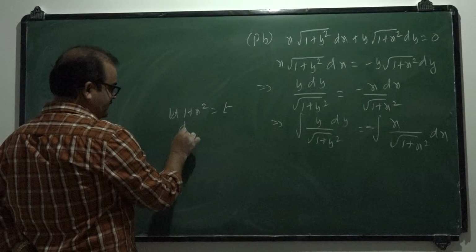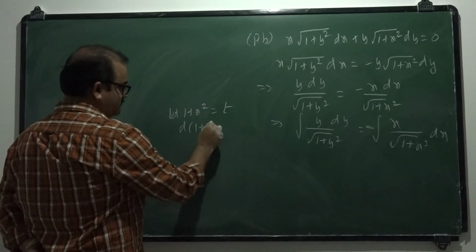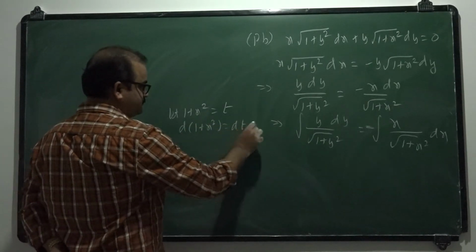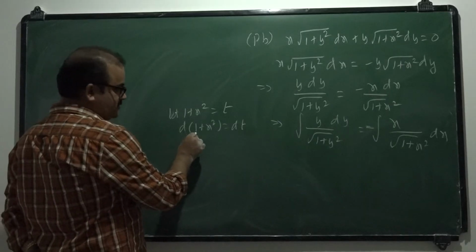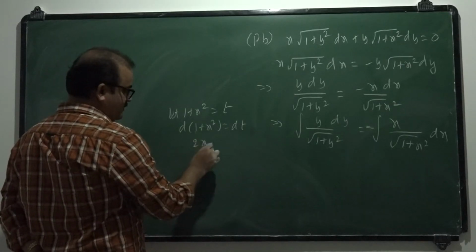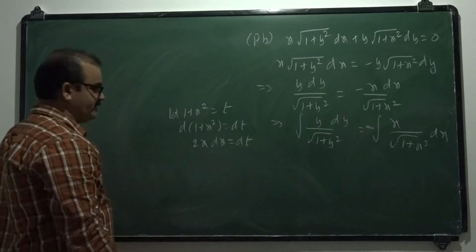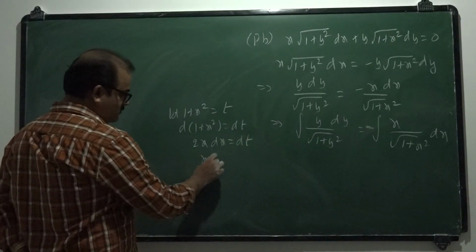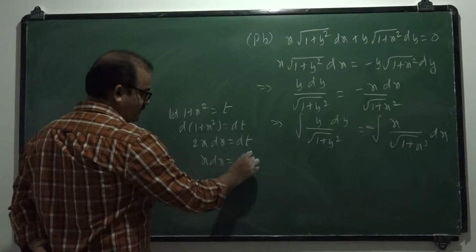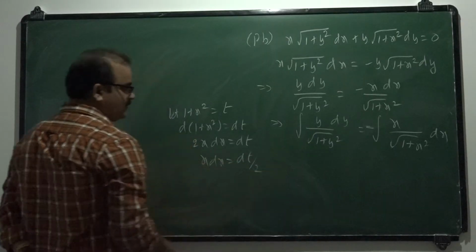Taking derivative on both sides. Derivative of 1 is 0, derivative of x square is 2x into dx, that is equal to dt. So x into dx is equal to dt by 2.